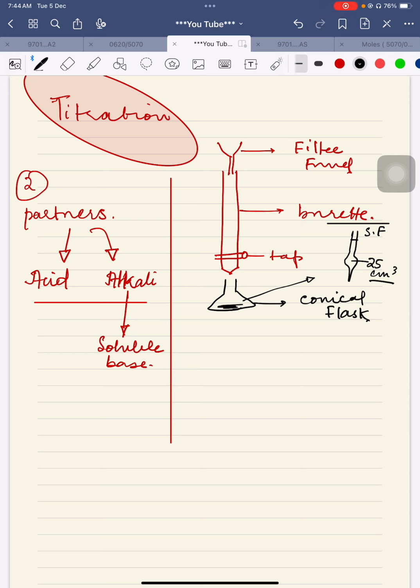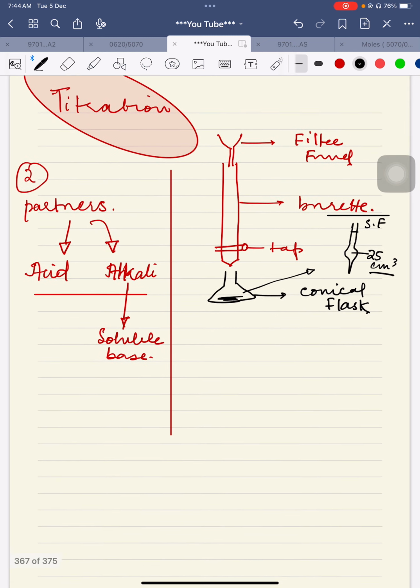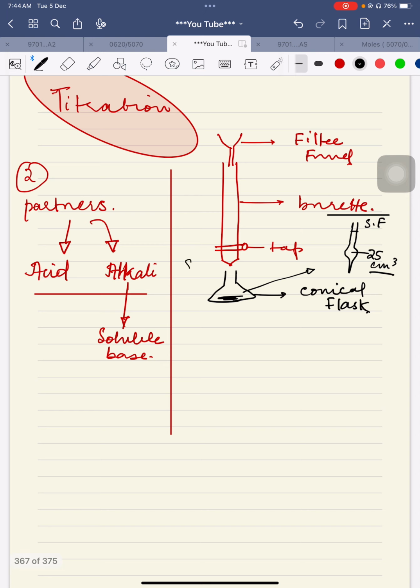Now, along with the conical flask partner, which you have taken into the conical flask, there must be 2 to 3 drops of an indicator, which will be added with a dropper. It is not a very specific dropper.